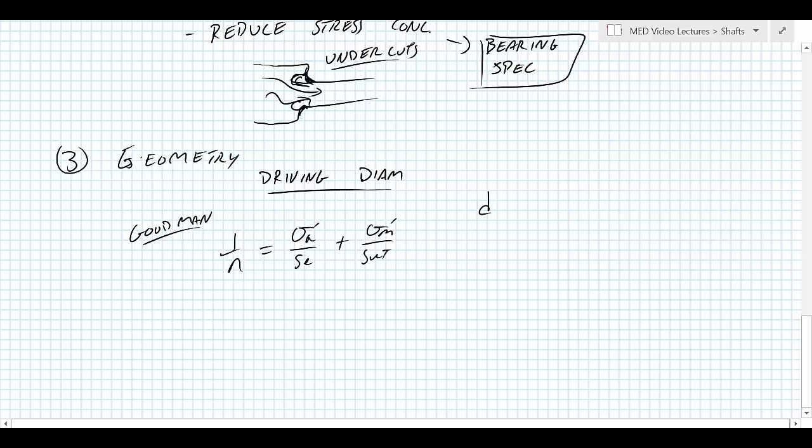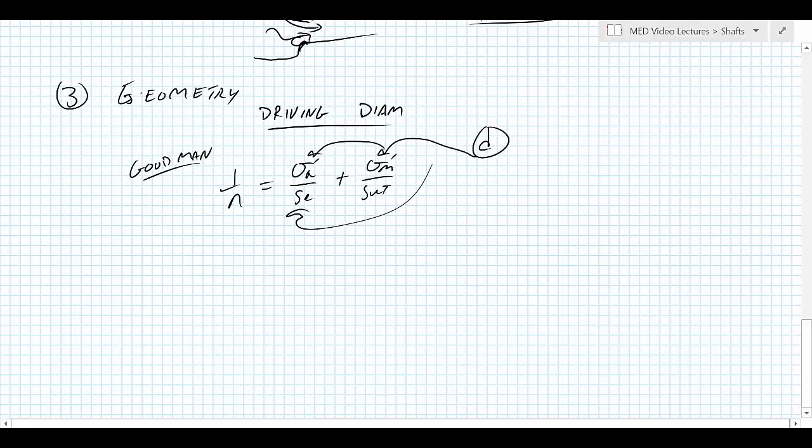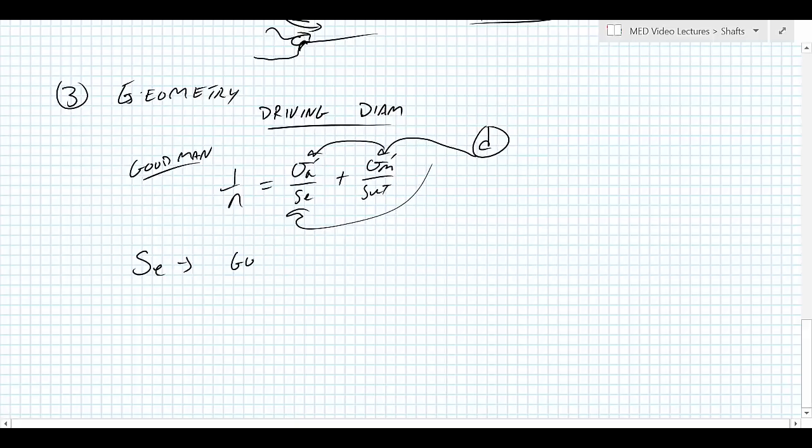If we are looking for diameter, and if you remember the process here, the stress is dependent on diameter, of course, but also the endurance strength has some parameters that are based on the diameter, specifically the Marin factors, as well as the fatigue stress concentrations. So we're going to have to take some guesses here. For our endurance strength, you're going to need to do some guess and check for the Marin factors.